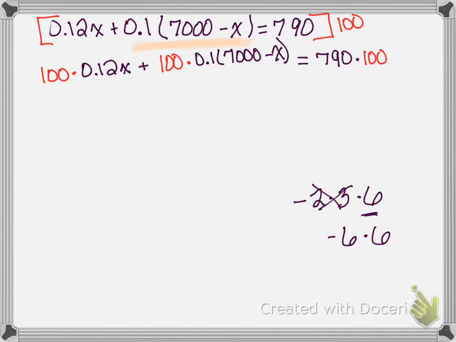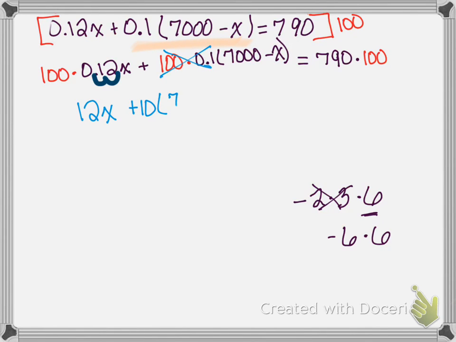Okay? 100 times 1200ths x leaves me with 12x. When I multiply 100 times 1/10, what do I get? 10. Good. Then I've dealt with this.